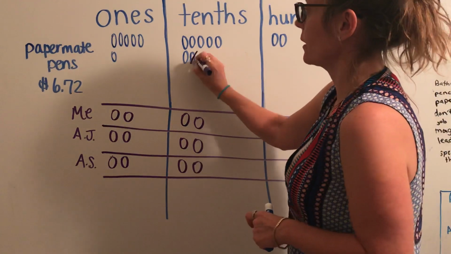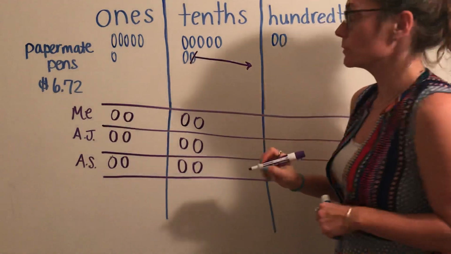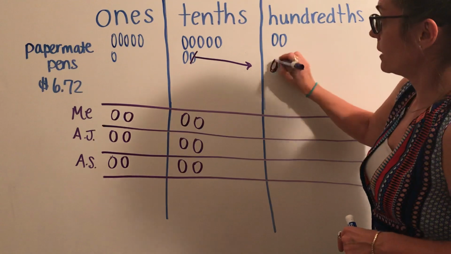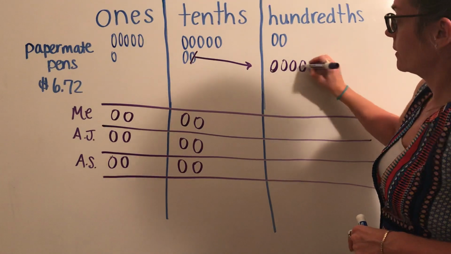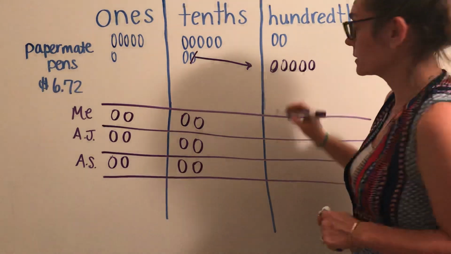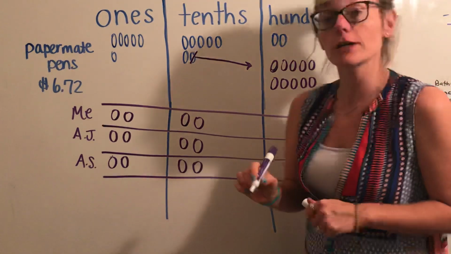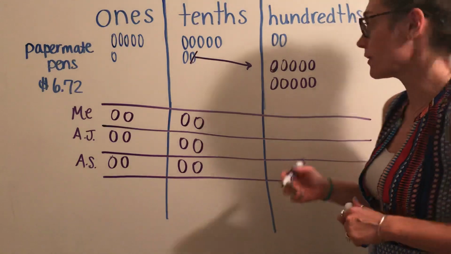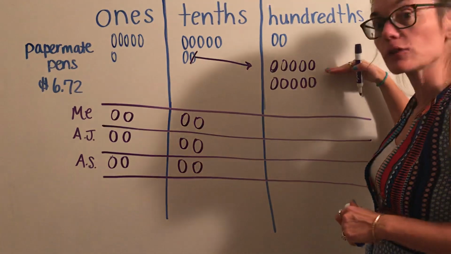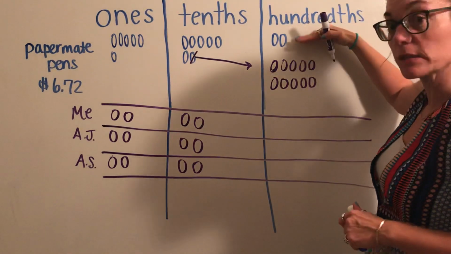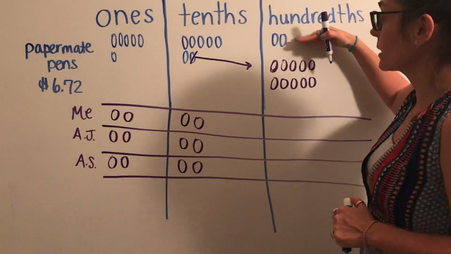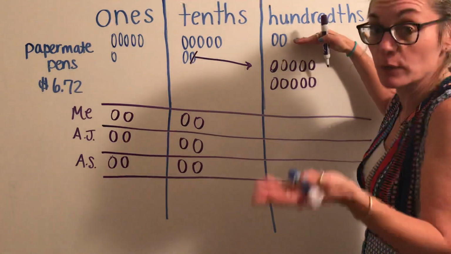I'm going to take that 10th and split it up so that now I have 10 hundredths. And we already know that 10 hundredths is equivalent to 1/10. So now I have my 10 hundredths and my 2 hundredths that I had already started with, and I already know that 10 plus 2 equals 12.